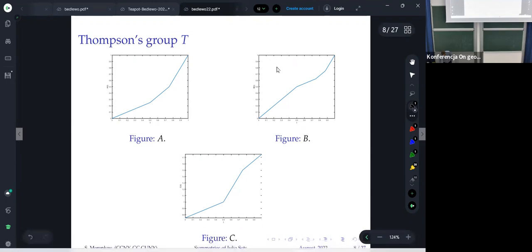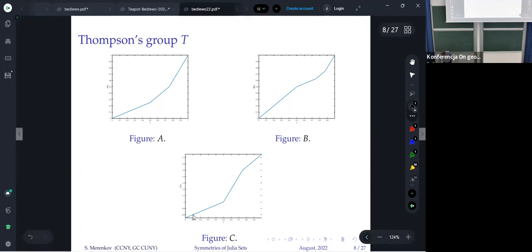Two others are depicted here. This one has 4 breakpoints. A little hard to see, but there are 2 breakpoints here, and this one has 3 again. A and B fix the origin. They have one fixed point here, the origin.